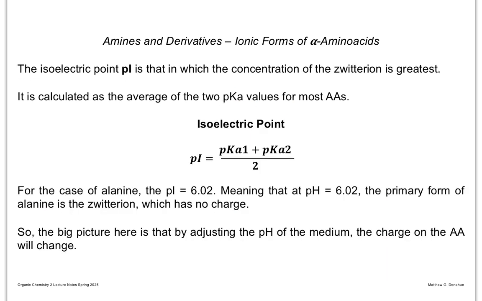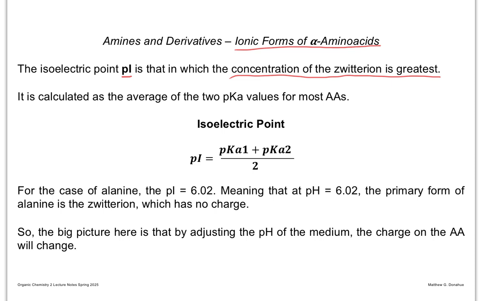So the consequence of these different ionic forms of alpha amino acids is something called the isoelectric point, or pI, and that's the pH at which the Zwitter ion concentration is greatest. So remember, the Zwitter ion is that neutral form where overall the structure has no excess of charge.